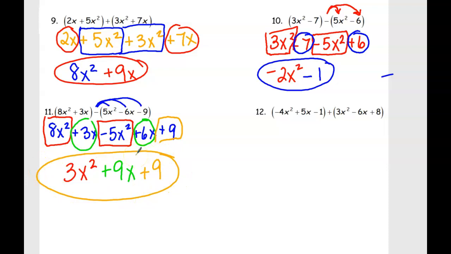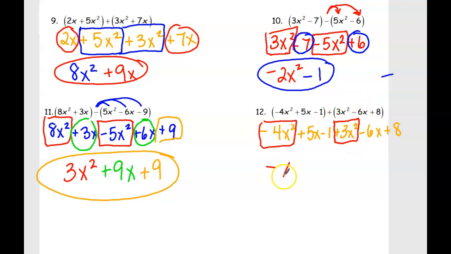All right. With number 12, I'm adding, so it's not a big deal because it's like I'm distributing a positive 1. So I just rewrite the two trinomials, minus 1 plus 3x squared minus 6x plus 8. Okay, so once I do that, I can combine my like terms. I've got a negative 4x squared and a positive 3x squared would give me a negative x squared.